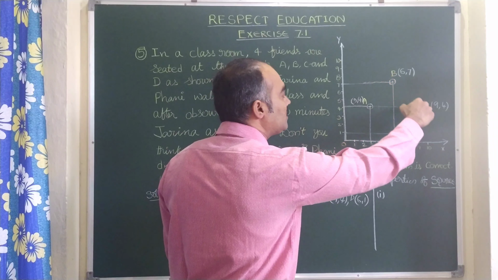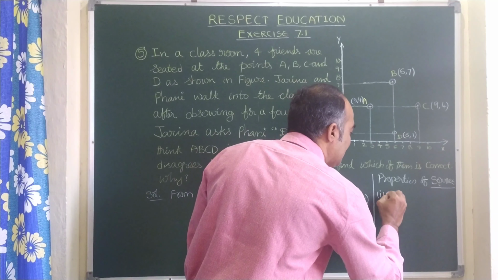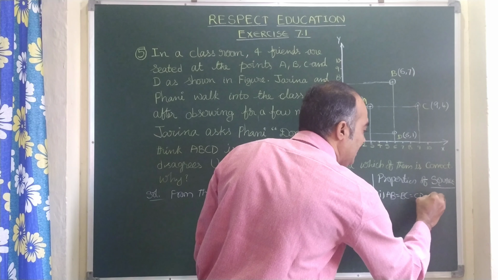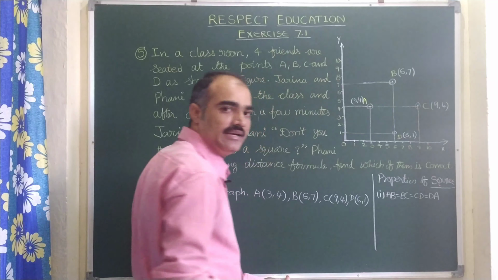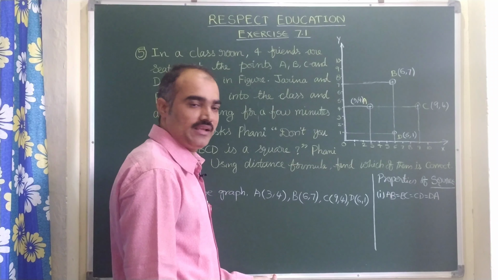All the 4 sides of a square are equal. So AB should be equal to BC, BC equal to CD, and CD equal to DA. It indicates it has all four equal sides, right?